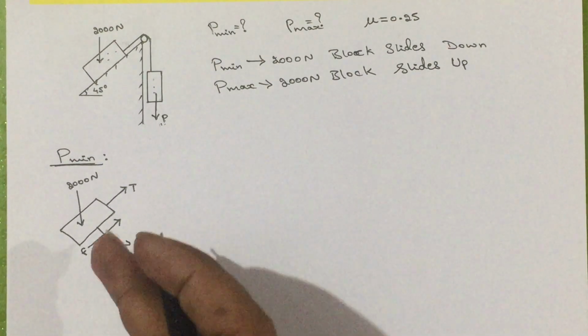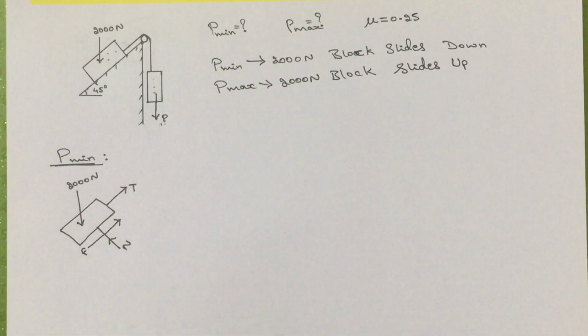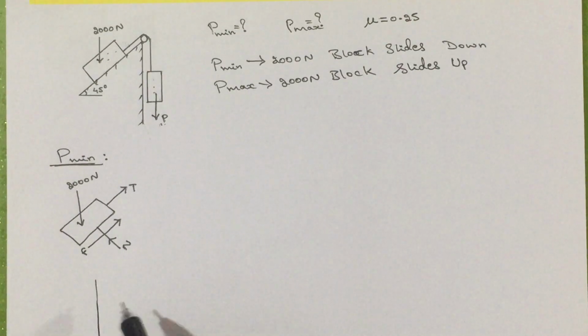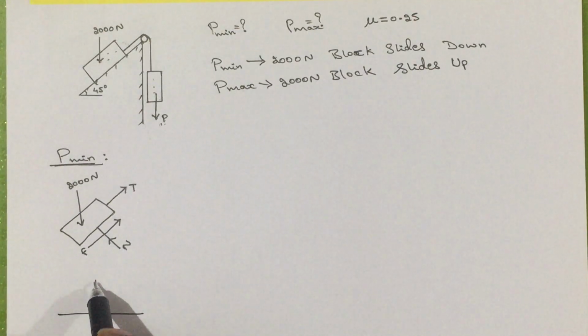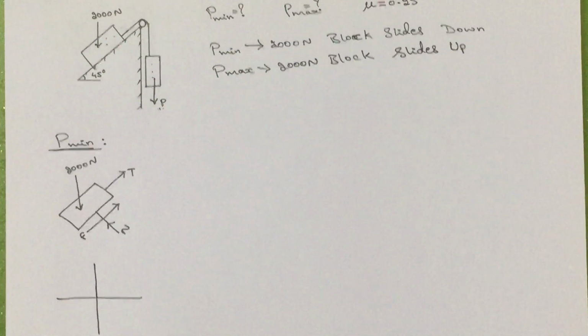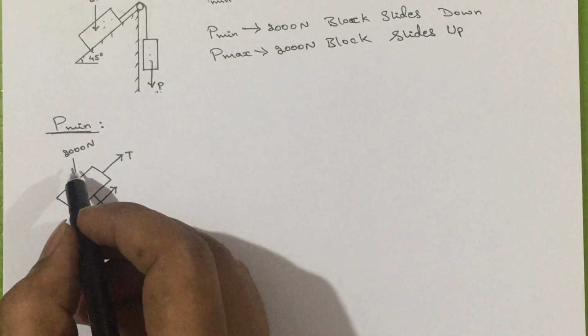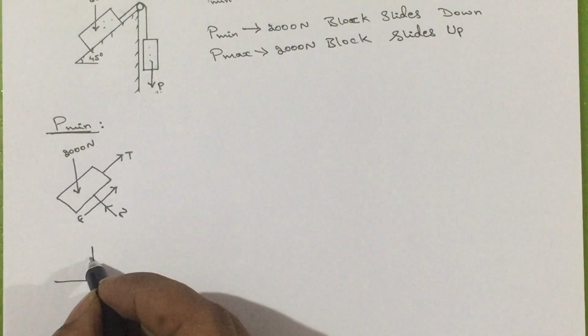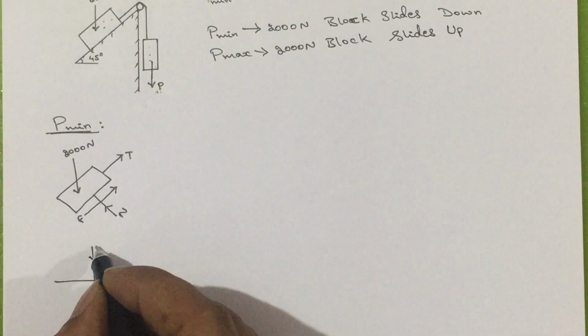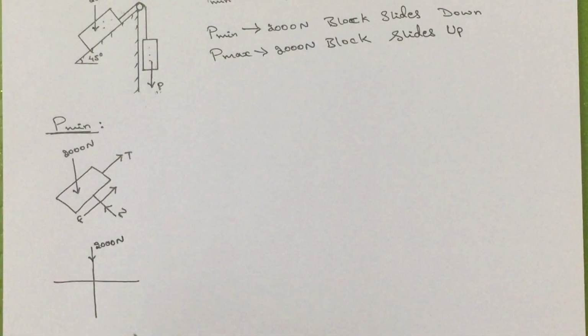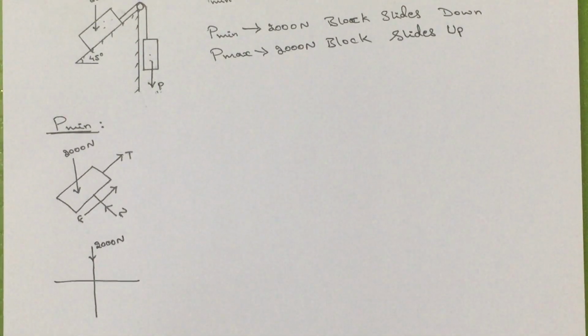Now let us write the same free body diagram in a simplified manner. I will write a plus mark. Then I will start from the 2000 Newton force, it is acting downward. Then here you have two options actually.